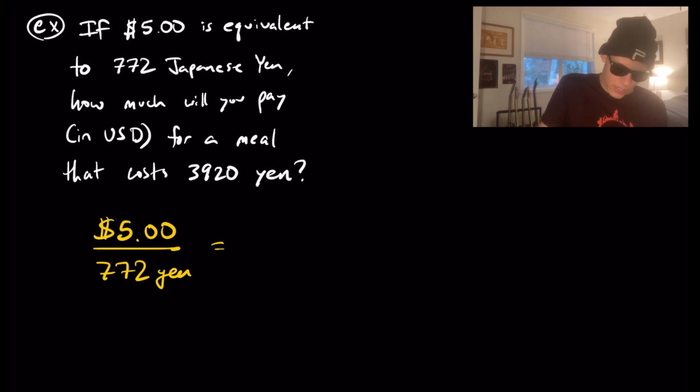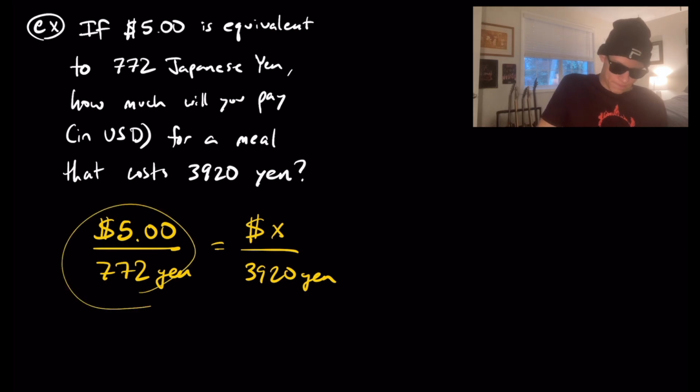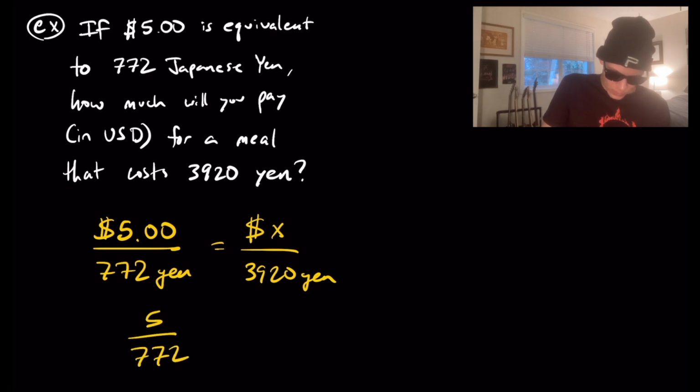And what we want to know is how much in US dollars, so there's our variable, there's our unknown, for a meal that costs 3,920 yen. So our two ratios here, the terms line up on both of them. I got dollars per yen and dollars per yen there. So I'll get rid of the terms and just look at the numbers. So I'll have 5 over 772 is equal to x over 3,920.